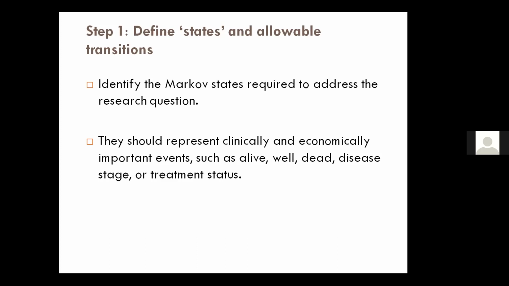For example, you can divide in a broad way that it's well, it's disabled and dead. Or in the COVID-19 case, asymptomatic, then another state is having problem but not hospitalized, then another state is that you need oxygen, and then ultimately ICU and then death. So these are the states one can have.